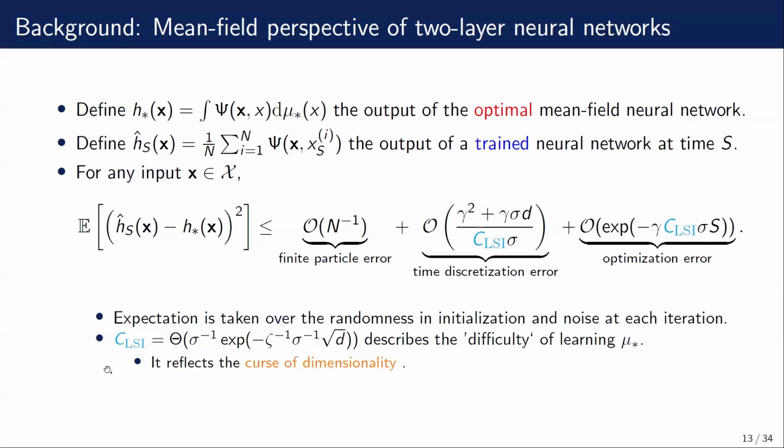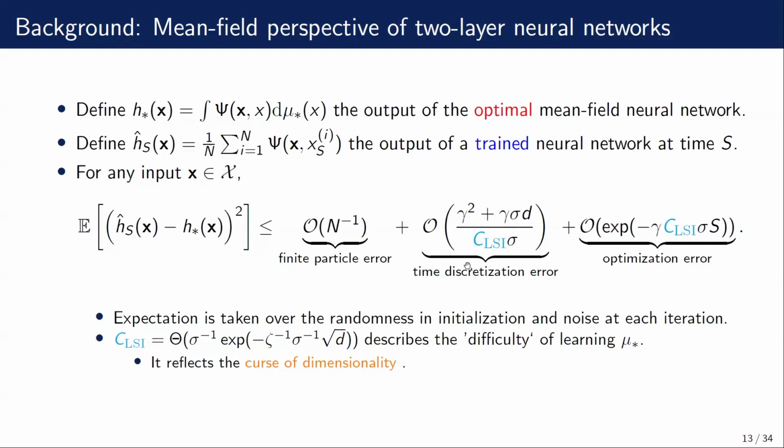The thing I'd like to highlight here is that there's a thing called the C_LSI, which is a constant, I would say, and is exponential in negative d. So this is the most annoying term in the analysis, which describes the difficulty of learning mu star. If you plug this inside, you can see this time discretization term will blow up exponentially fast with respect to dimension.